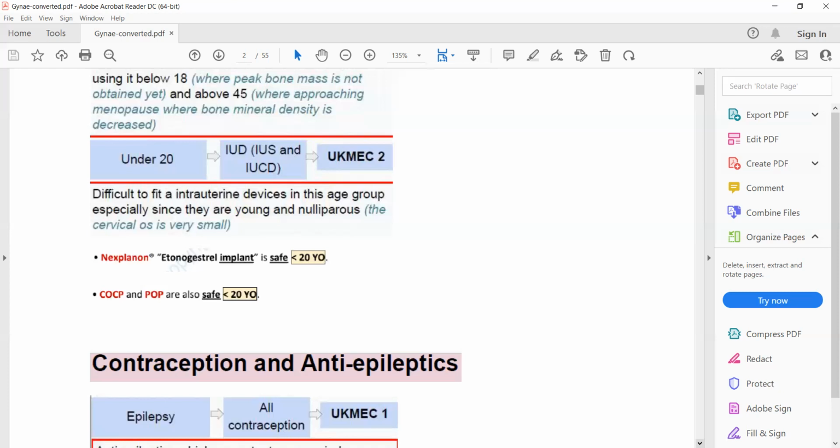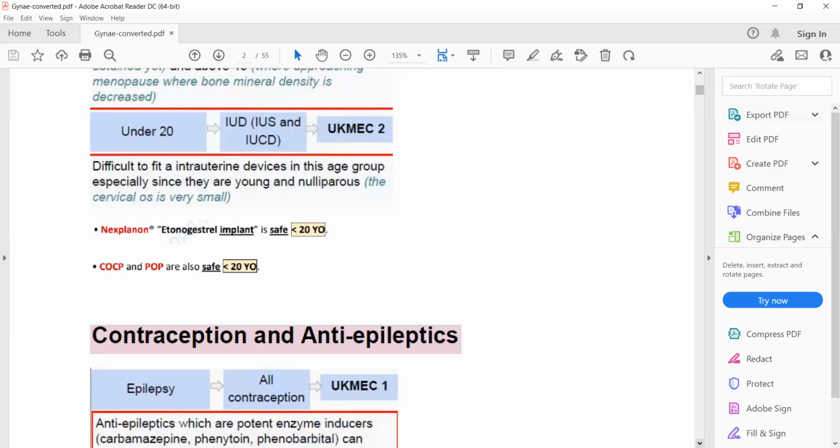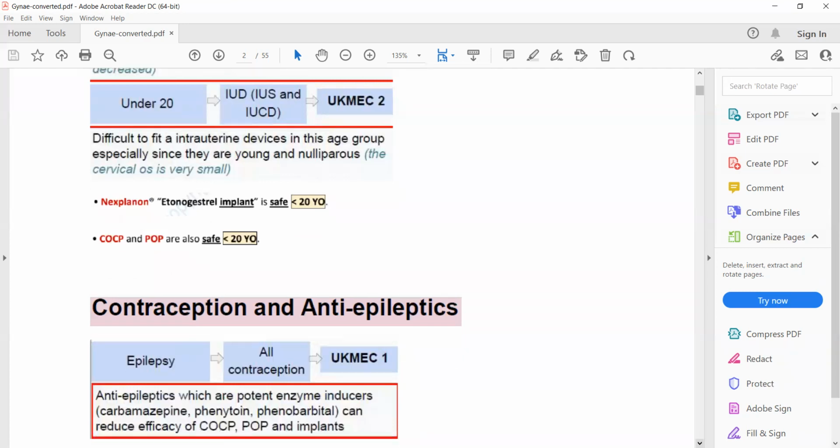For short-term contraception in patients less than 20 years old, COCP or POP. For long-term contraception, Nexplanon is a UKMEC1 option. DMPA and IUD are both UKMEC2.